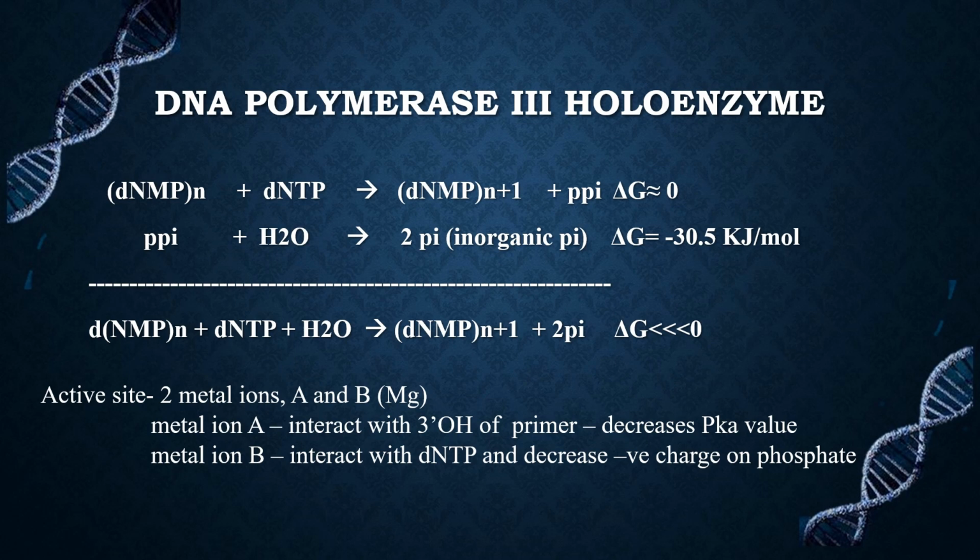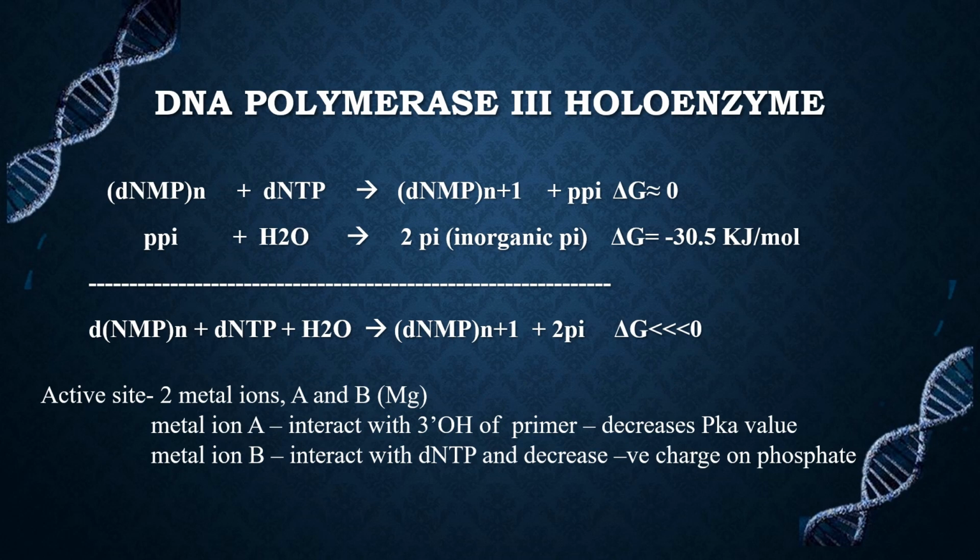To increase the rate of nucleophilic attack, the nucleophilicity of the 3' end must be increased and the negative charge on dNTPs should be decreased. So, the active site of the enzyme contains two metal ions, metal ion A and metal ion B. Generally, they are magnesium. In DNA polymerases, both are prosthetic groups, that is, they are permanently attached.